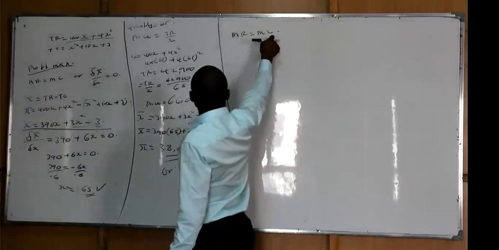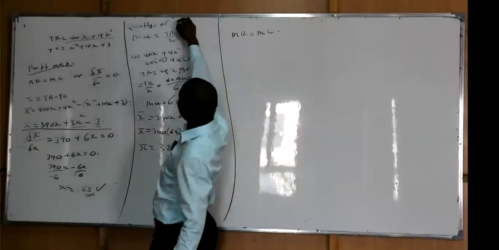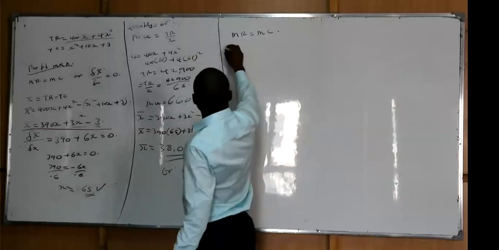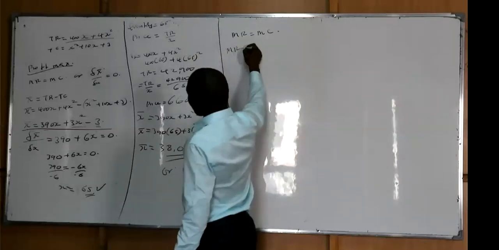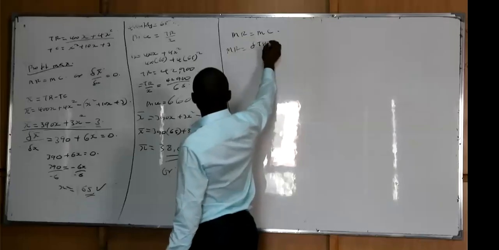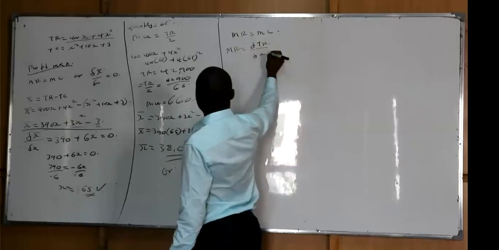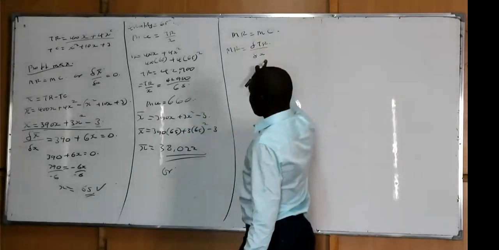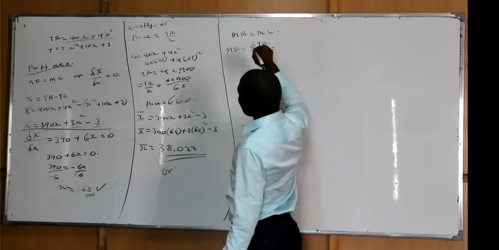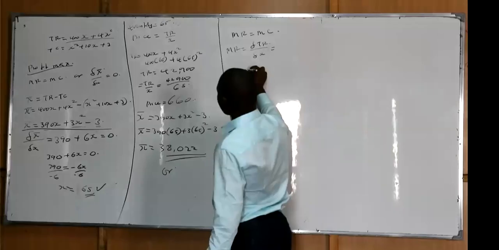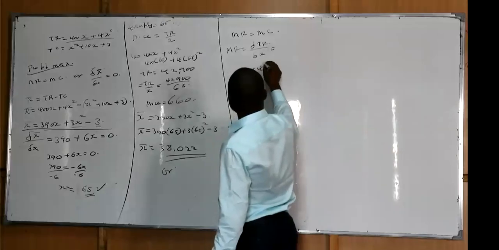Let us use this to see if we will get the quantity to be 65. So to get marginal revenue, we differentiate total revenue with respect to quantity. The revenue function was 400x plus 4x squared.